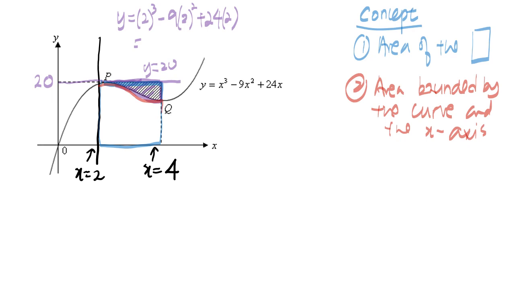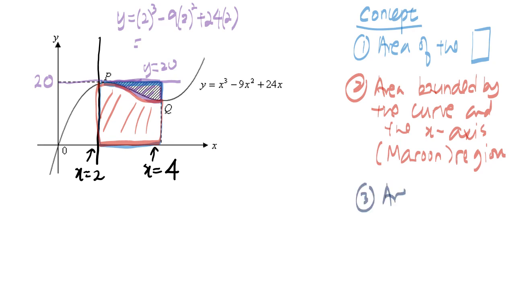So this area that we're talking about is the area bounded by the curve, which is the red, maroon region. Then finally, to find the required area, you find it by taking the area of the rectangle minus away the area bounded by the curve and the x-axis. All right, so these are the concepts involved.